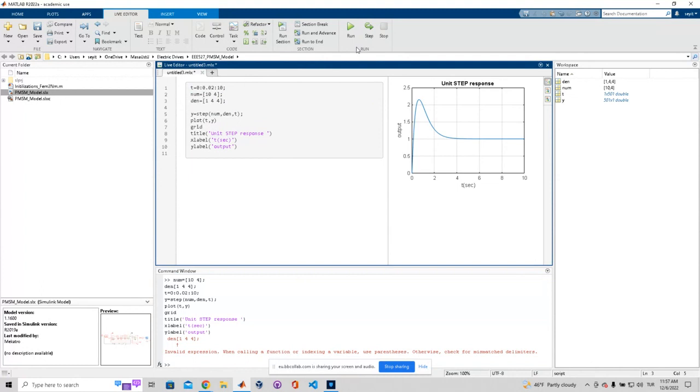Okay, this is your unit step response. I was wondering why it wasn't working. As you can see, you take the unit step response, we add labels, seconds, and for your output, this is your unit step response.